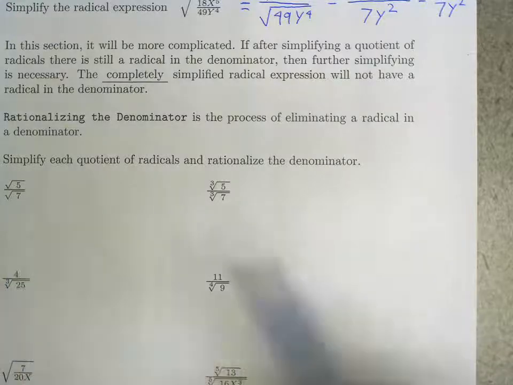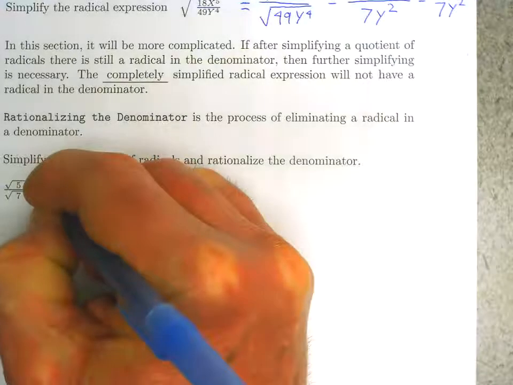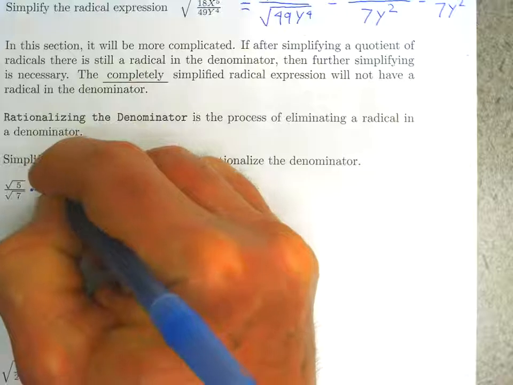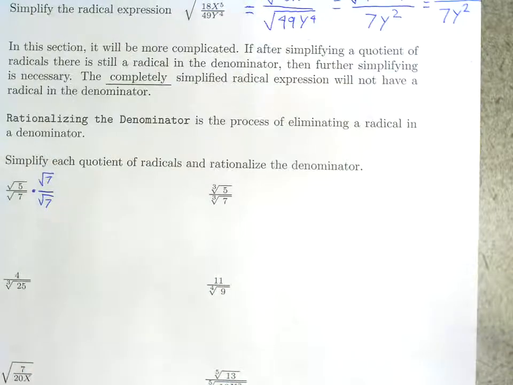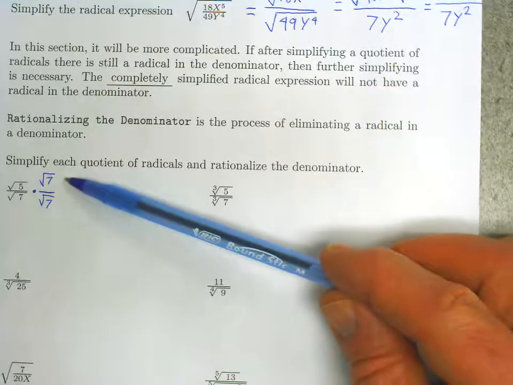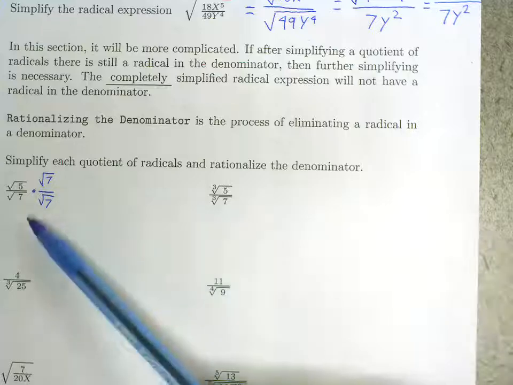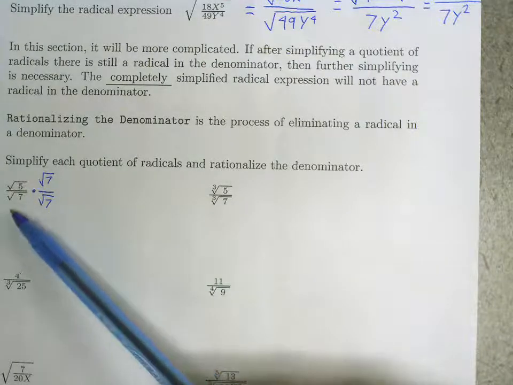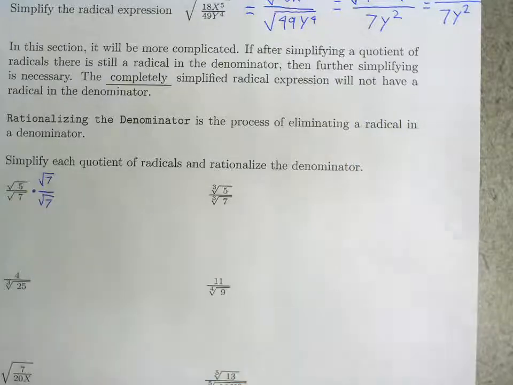So this informs us that the way we multiply by 1 is to multiply the numerator by the square root of 7 and multiply the denominator by the square root of 7. You will agree that the square root of 7 divided by the square root of 7 is equal to 1. So we're just multiplying the square root of 5 over the square root of 7 by 1. We're not changing the value of the number, we're just changing its form.